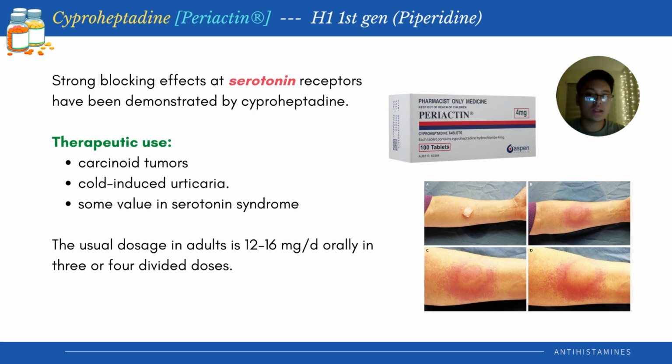This is an itchy skin reaction to cold that appears within minutes after cold exposure. This drug is of some value in serotonin syndrome, but because it is available only in tablet form, cyproheptadine must be crushed and administered by stomach tubes in unconscious patients.